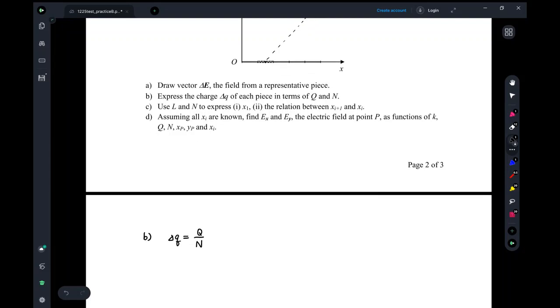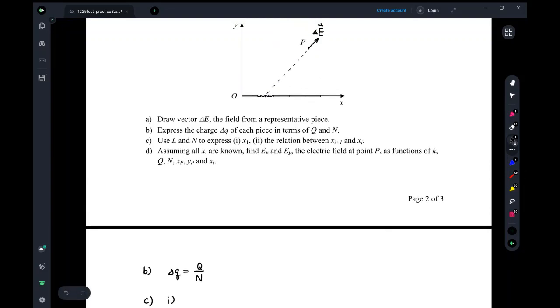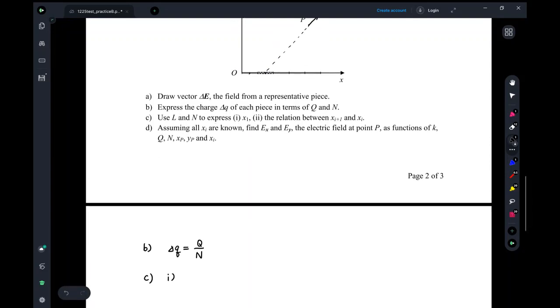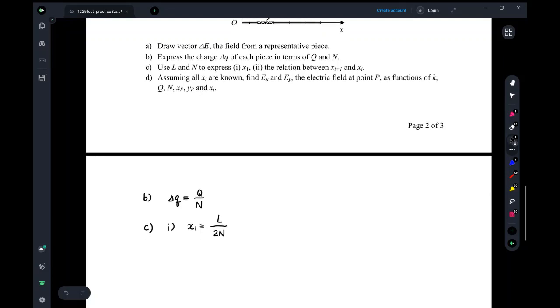Use L and N to express first x1, second the relationship between xi plus 1 and xi. C, i: x1 is here. L over N would be the total length of a piece, so this one is L over 2N, since it's in the middle.